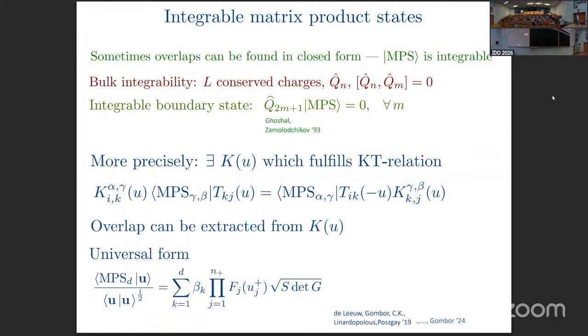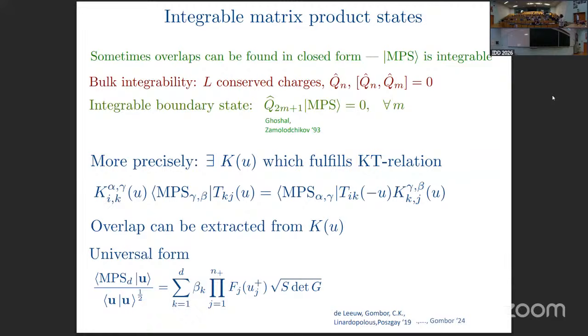It involves some object K that you have to determine. And what also appears is a matrix product state, but it's cut open. It's a trace, but you cut it open, so it has two matrix indices. Then there also appears the transfer matrix of the spin chain, which acts on the physical or quantum space of the chain. And this object K has both quantum indices and boundary indices. And that's the object you have to determine.